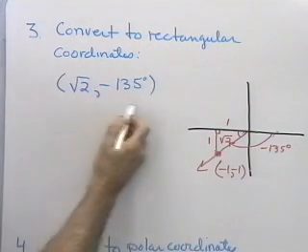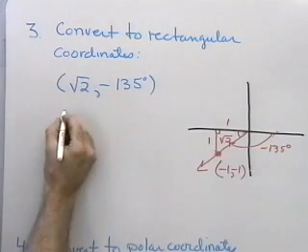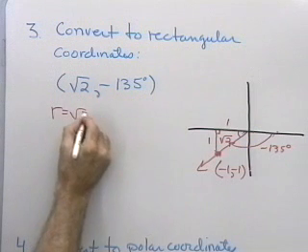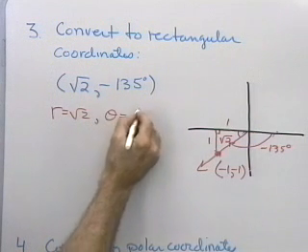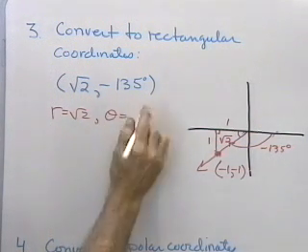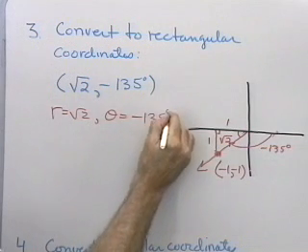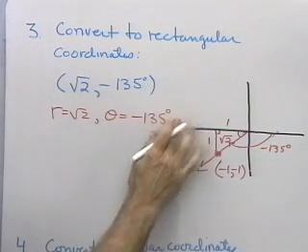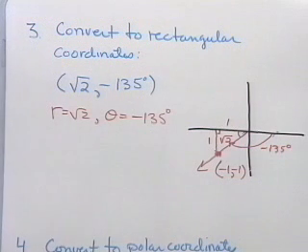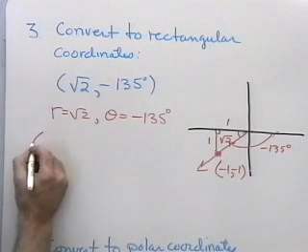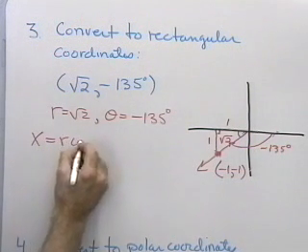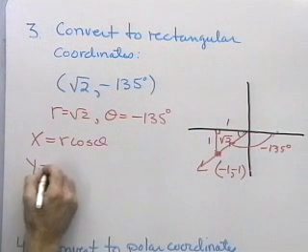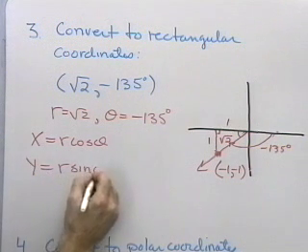Now let's see if we can do that with a formula rather than just the picture. So I have r equals square root 2, and theta equals negative 135 degrees. From my formulas, I know that x is equal to r cosine theta and y is equal to r sine theta.